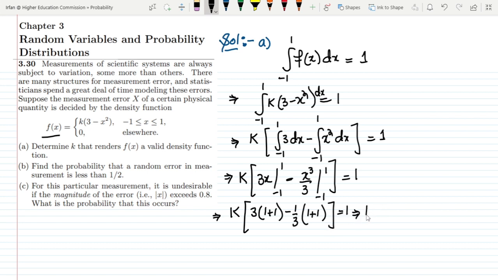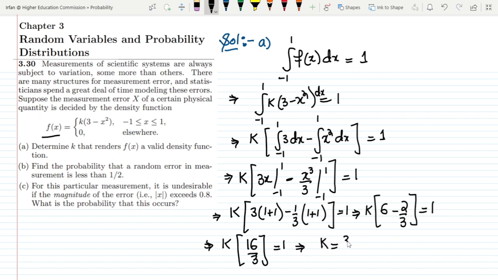Let me do it again: it will be 6, and minus 2 by 3, and it must be equal to 1. Let me simplify it further: 18 minus 2 is 16, so 16 divided by 3 times k is equal to 1, and ultimately it gives me the value of k, which is 3 by 16. That is the answer of part A of my question, that the value of k is 3 by 16.